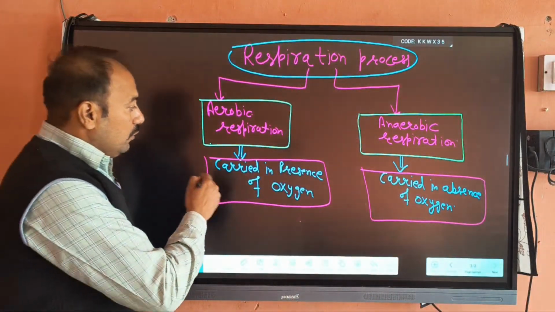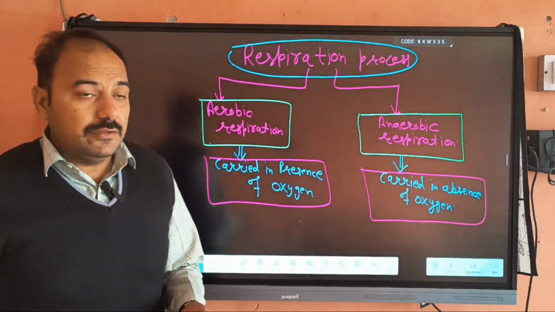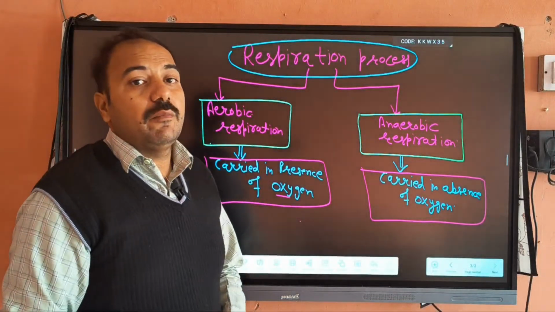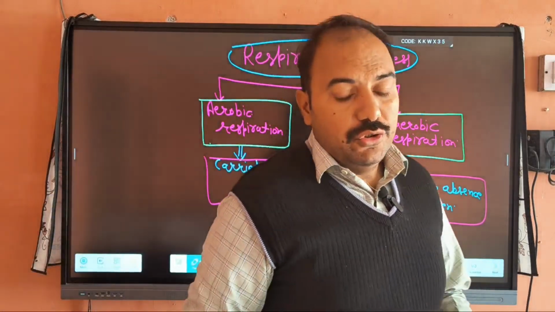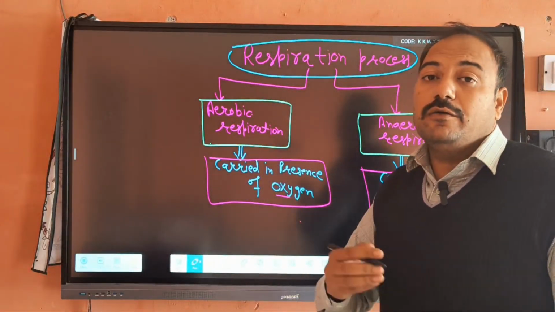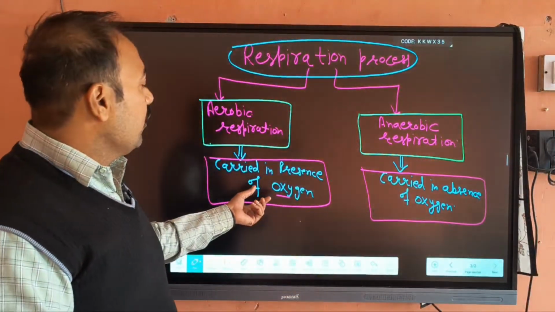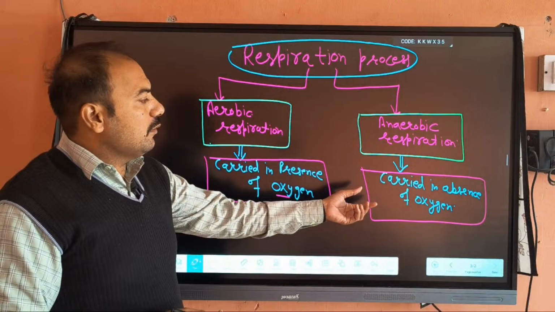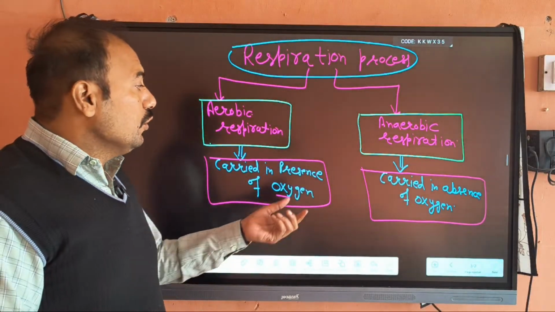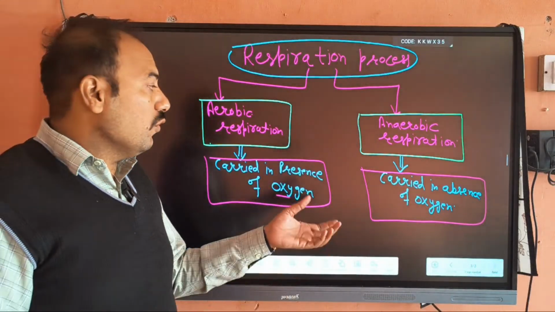You can write this process in the form of a word equation or an equation. In the presence of oxygen, they produce energy. This energy is the main source for your muscle activity and daily activity. And in some microorganisms like bacteria and yeast, the respiration process takes place in the absence of oxygen.